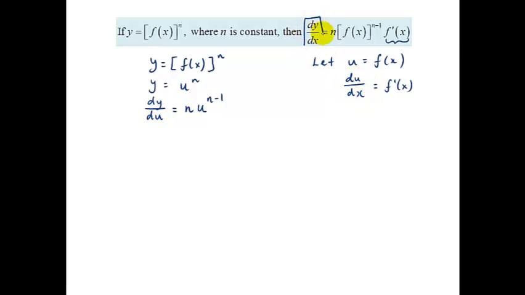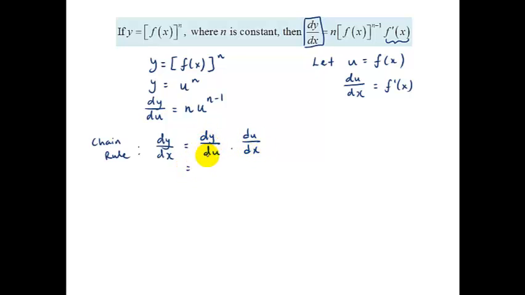I'm interested to find dy/dx. So, what is dy/dx? According to chain rule, dy/dx can be found by taking dy/du times du/dx.